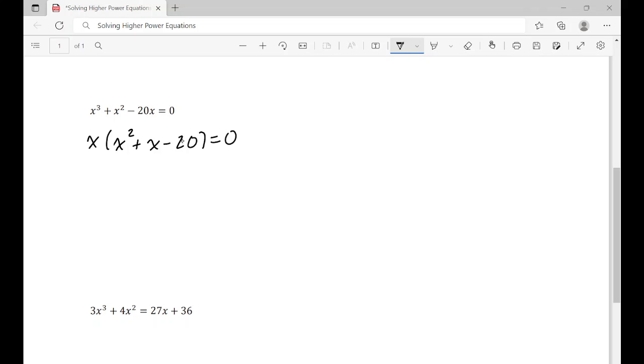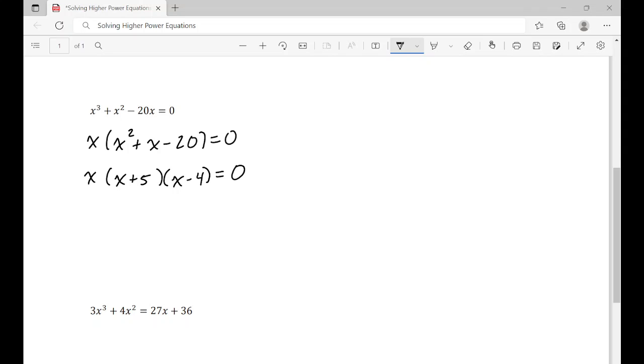And now I'm going to factor this trinomial in here. And when I do that, I will get two parentheses with x's in the front. And what times what equals negative 20, but adds to give me positive 1? That is positive 5 and negative 4.